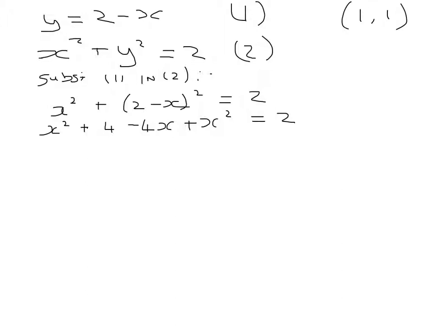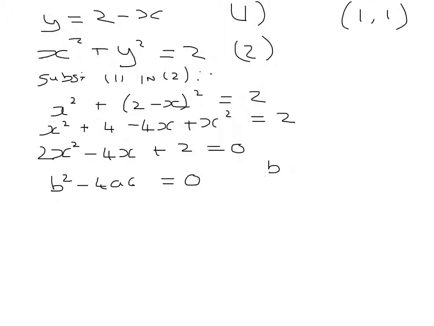Now as this is a quadratic, we'll get it all equal to 0, so 2x squared minus 4x plus 2 equal to 0. Now, for it to be a tangent, b squared minus 4ac must equal 0.